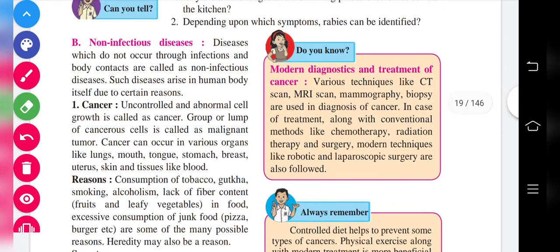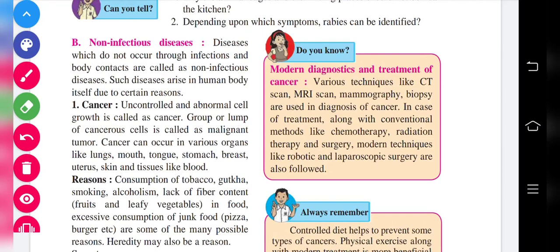Do you know the modern diagnosis and treatment of cancer? Various techniques like CT scan, MRI scan, mammography, and biopsy are used to diagnose cancer. For treatment, along with conventional methods like chemotherapy, radiation therapy, and surgery, modern techniques such as robotic and laparoscopic surgery are also followed. With radiation technique, unwanted cells are destroyed with the help of radiation.